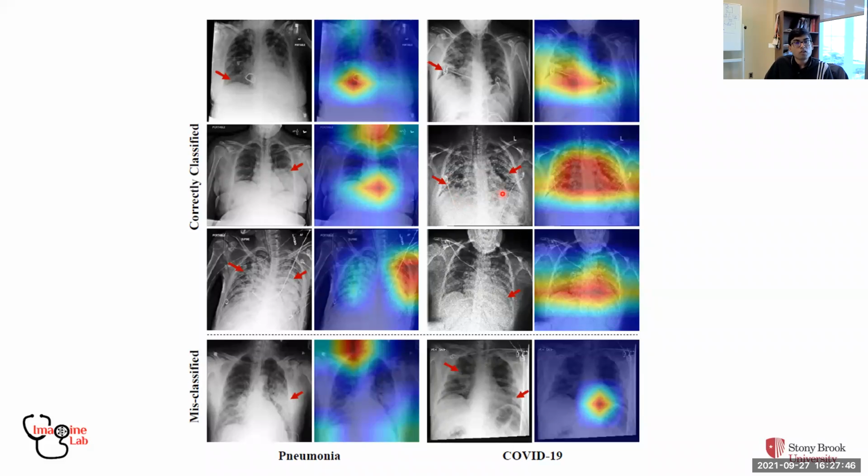So for the most part, we see that it tallies well with where the infiltrates are. There are obvious misclassifications, as we can see in the lowermost row here.